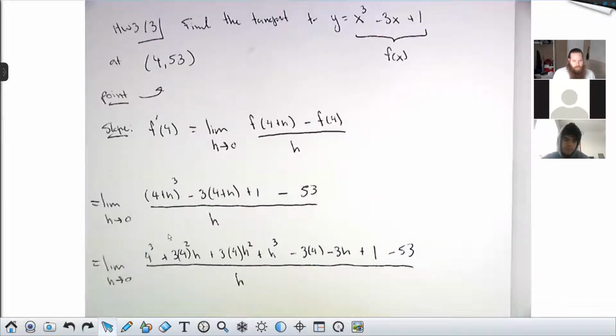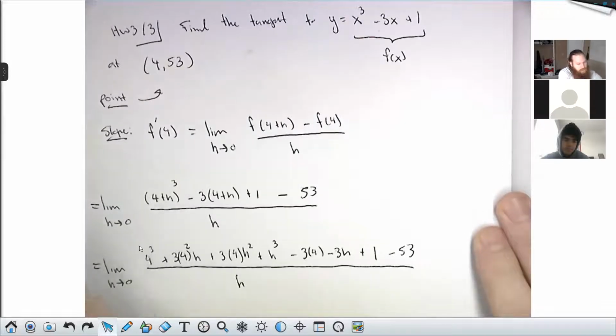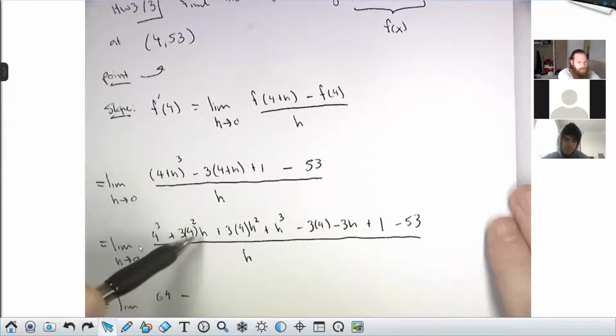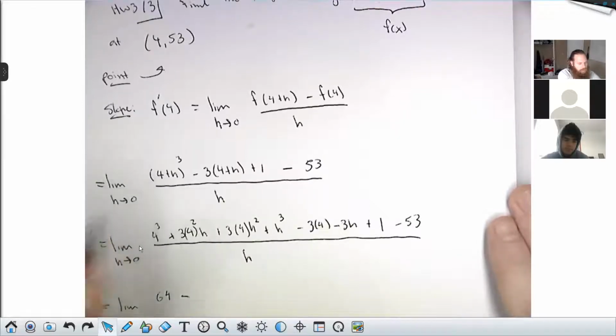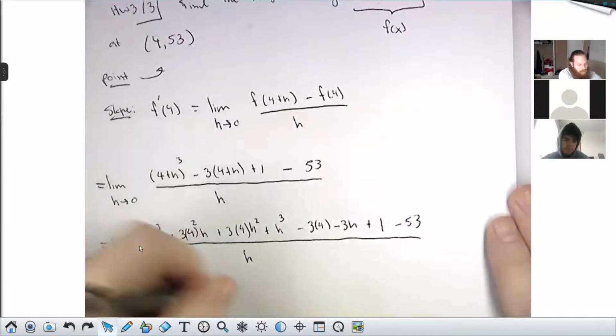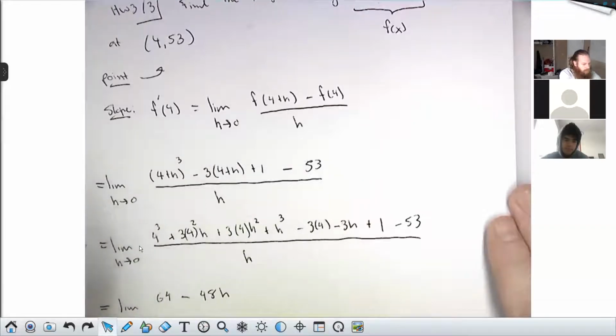All right, so what can we do here? Let's clean things up. 4 cubed is 4 times 4 times 4, is 16 times 4, is 64. So this is the limit as h goes to 0 of 64 minus 4 squared is 16. 3 times 16, let's see, what is that? That's 3 times 30 plus 3 times 6, that's 48, right? 48h, is that correct? 3 times 16, yeah.